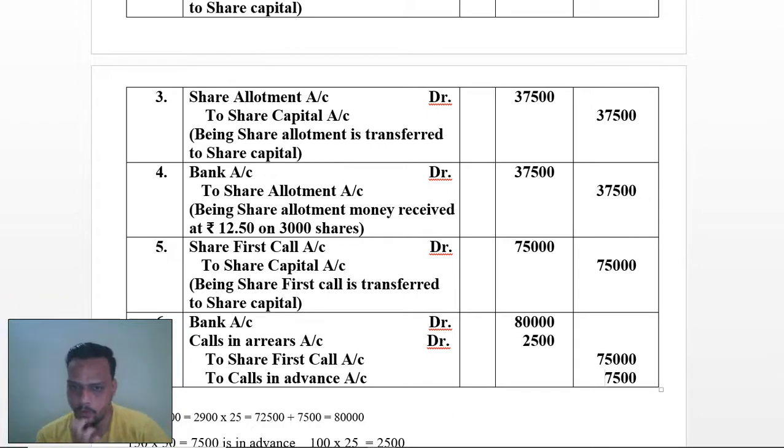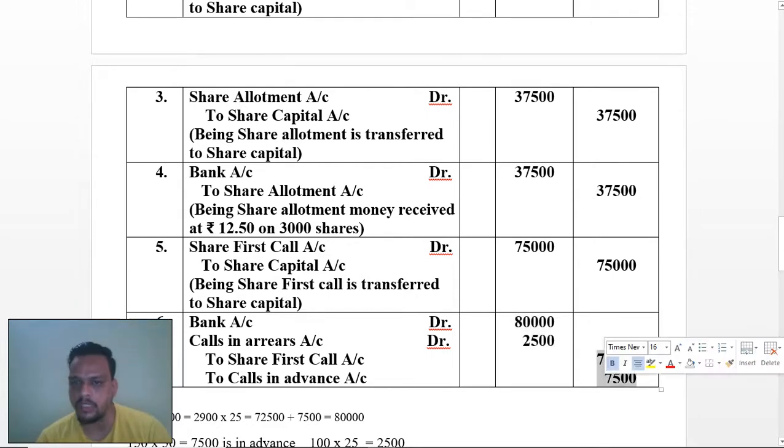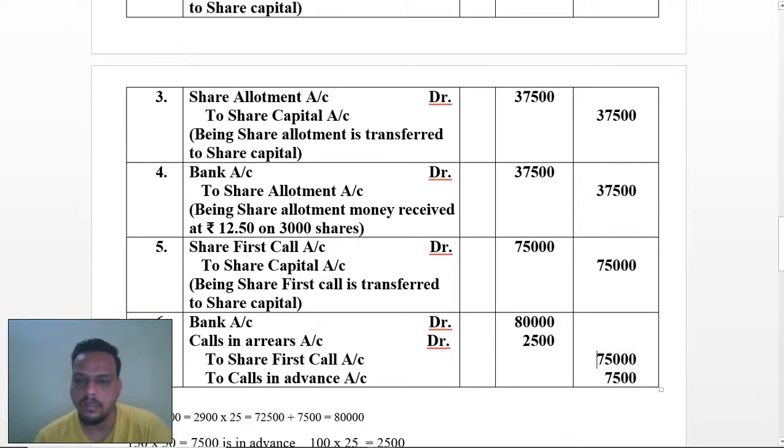If you want to make sure that your entry is correct, just calculate the amounts of both sides. Right hand side is equal to left hand side. It has to be mentioned very clearly. Here I can calculate that on one side it is 82,500, whereas on another side you can add both the values, you will get 82,500. Here my entry is over.